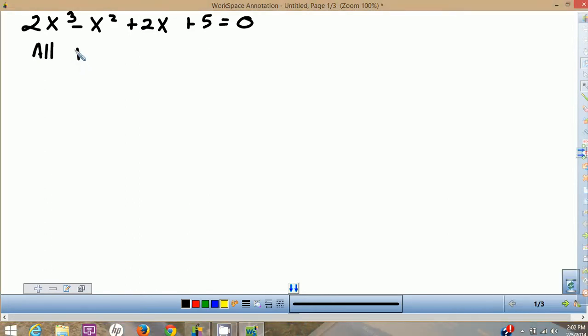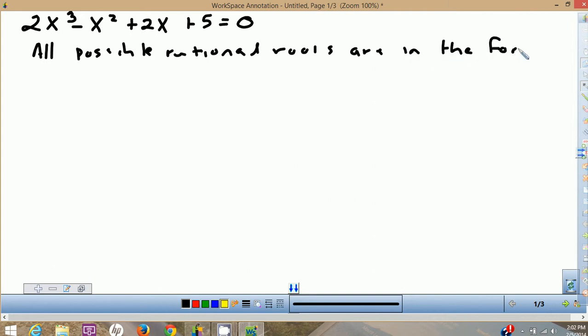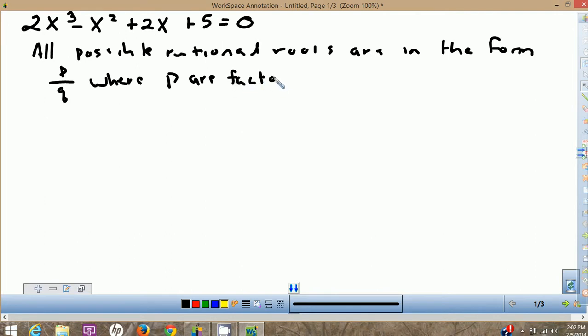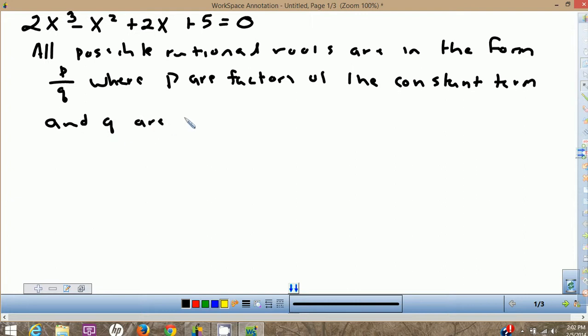It says, all possible rational roots that I have in a polynomial are in the form P over Q, where P stands for the factors of the constant and Q stands for the factors of the leading coefficient.